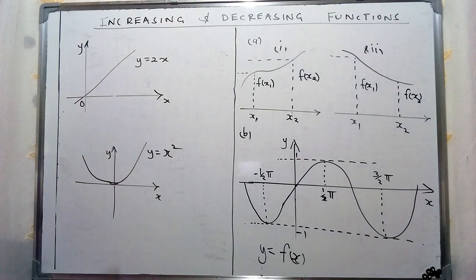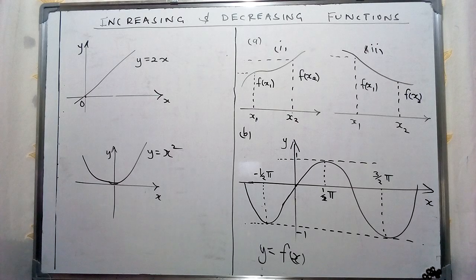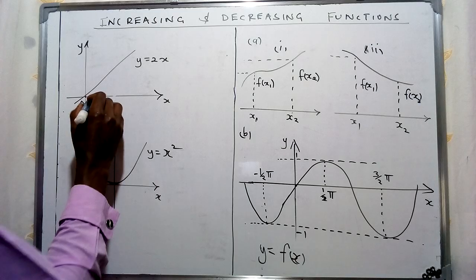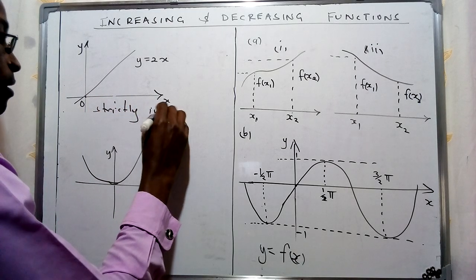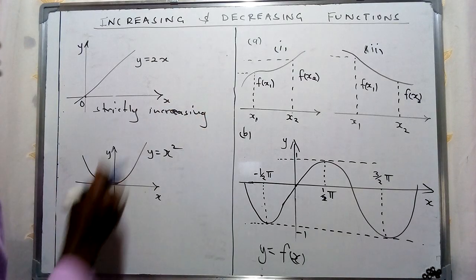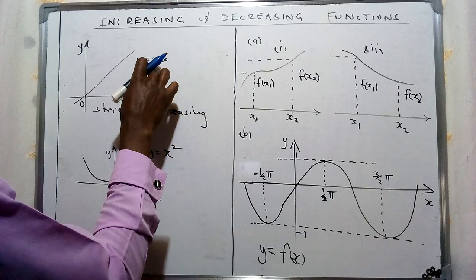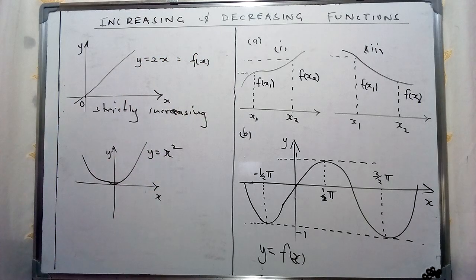And if we consider this to be from the origin going in the positive x direction, then we can give this particular graph as strictly increasing. So there's a change of wording: a strictly increasing function, which can be defined in terms of y is equivalent to 2x, or the function f(x) is equivalent to 2x given as that one.